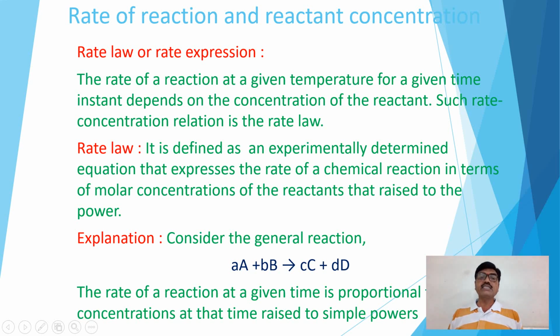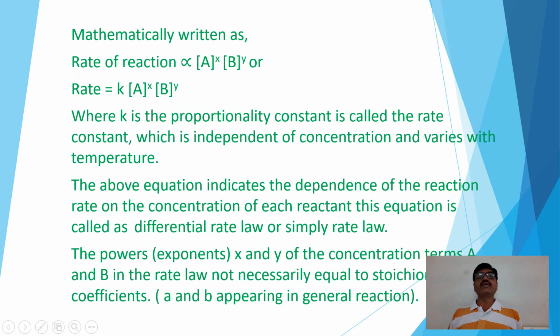So for such a general reaction, the rate depends upon, or is proportional to, the molar concentrations of the reactants raised to their simple powers. That is how the rate depends upon the exponents or the powers of the molar concentrations.